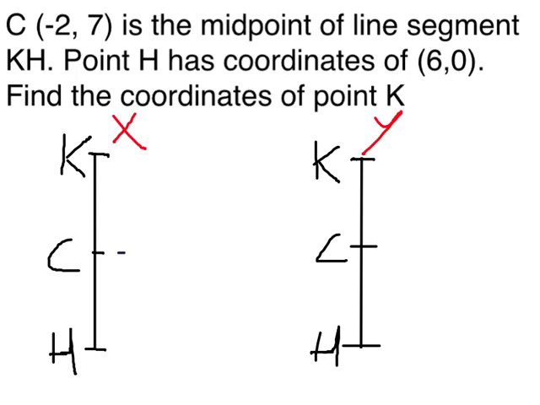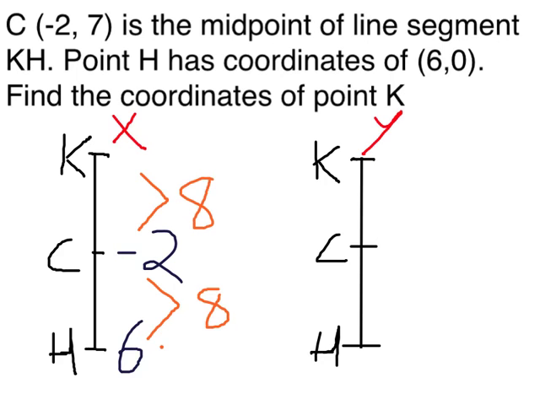So if I put -2 here, and it says H has a coordinate of 6 for x, I need to see how far it is from the center to the endpoint, because it's going to be the same distance either way. If I use the distance formula for a number line, I know that -2 to 6 has a distance of 8. So that means the distance of 8 has to be here.